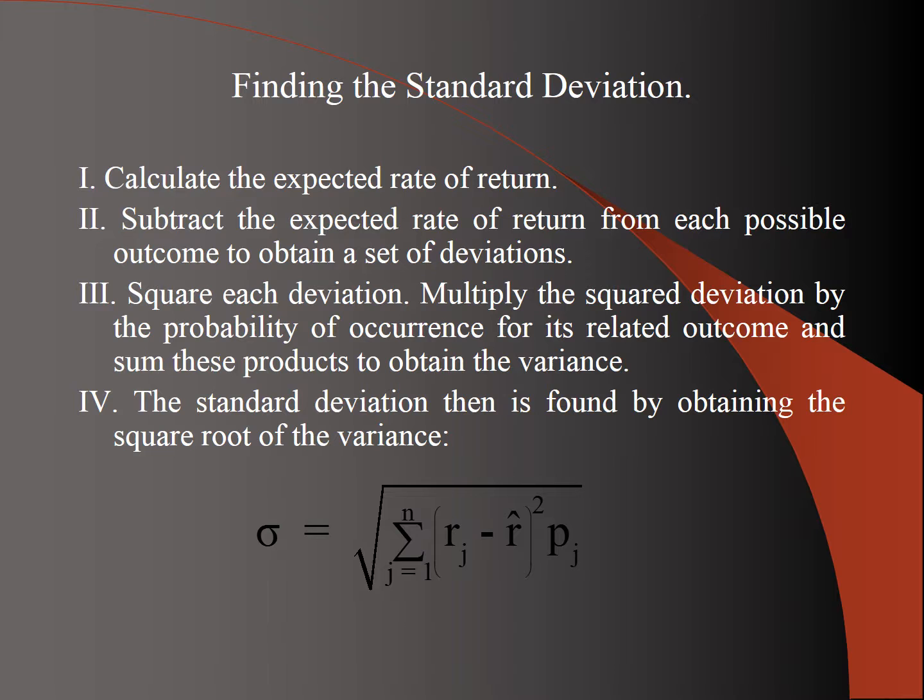And once we subtract the expected rate of return, we want to square that number. So we want to square those deviations and then multiply it by the corresponding probability of occurrence for that state of economy, sum it up, and then take the square root to get the standard deviation. That was a whole lot of words, but let's go through a couple of examples and you'll see step by step exactly what I'm talking about.